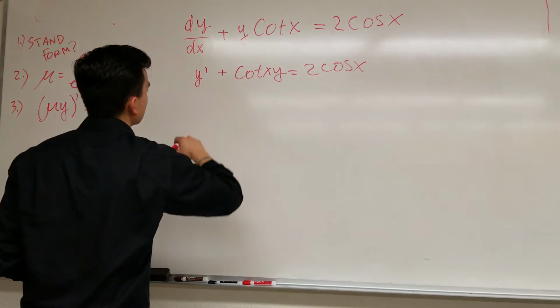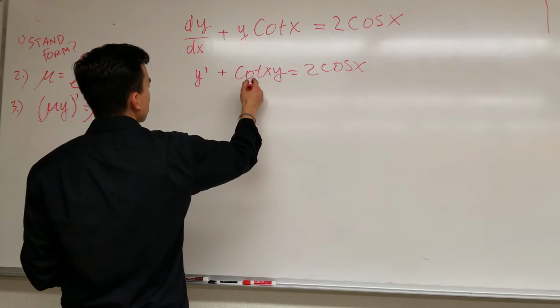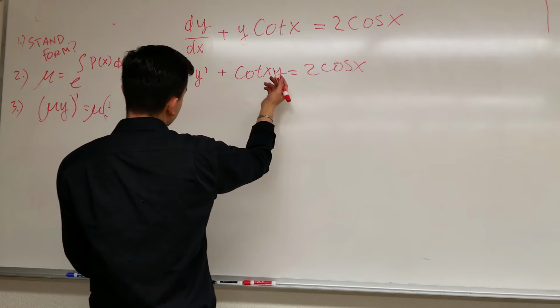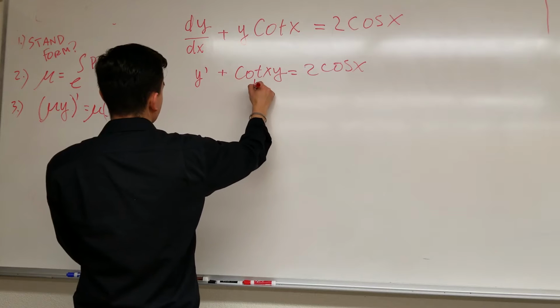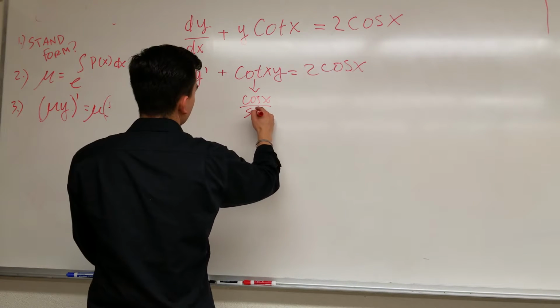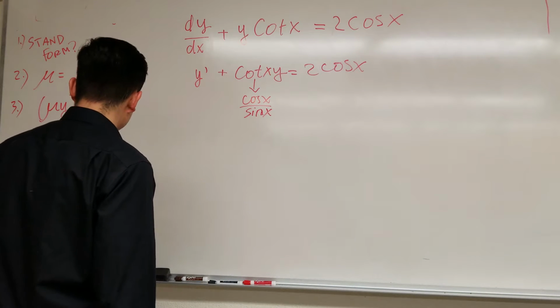So now that's standard form if you prefer that. Well, now this cotangent is simply cosine of x over sine x.